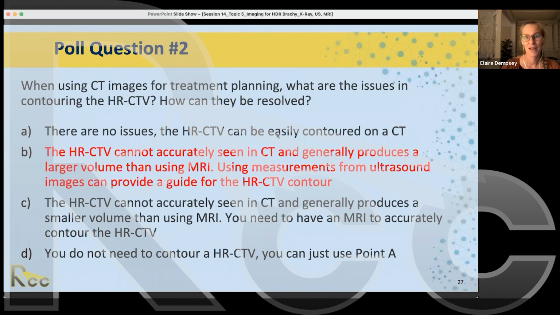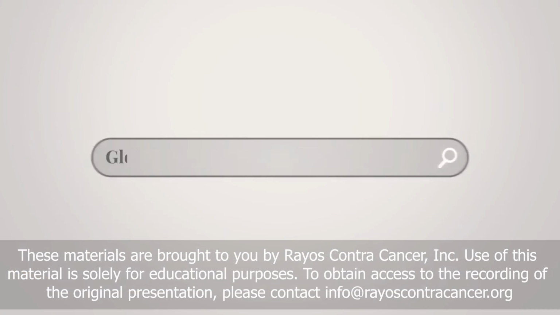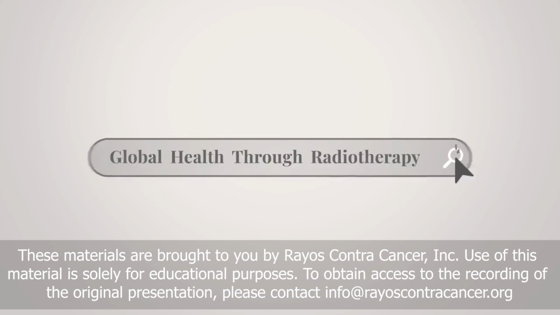So in that way, we can use measurements from our ultrasound unit to provide a more accurate high-risk CTV on our CT data set. Question C is kind of right, but you don't need to have the MRI to accurately contour the high-risk CTV. That's when we can use our ultrasound. That's when ultrasound becomes a really powerful tool in a department, particularly for brachytherapy. So I'm glad most of you got that message, which is really great.